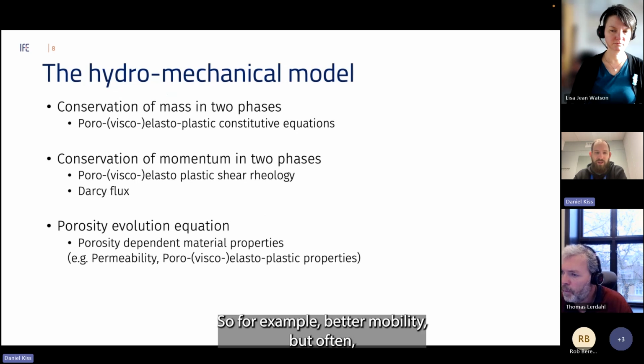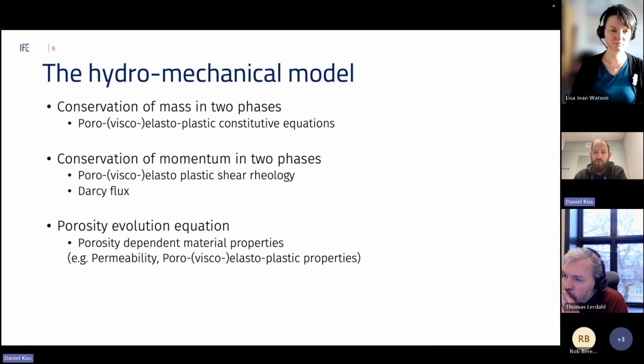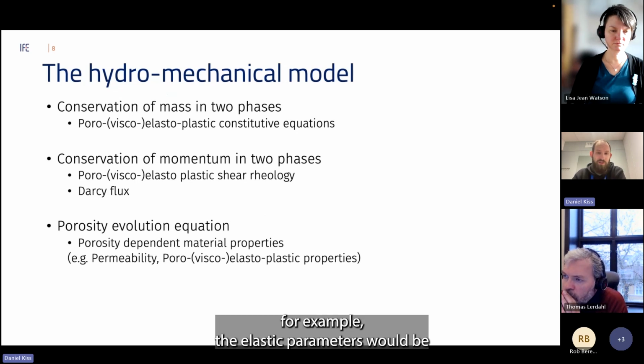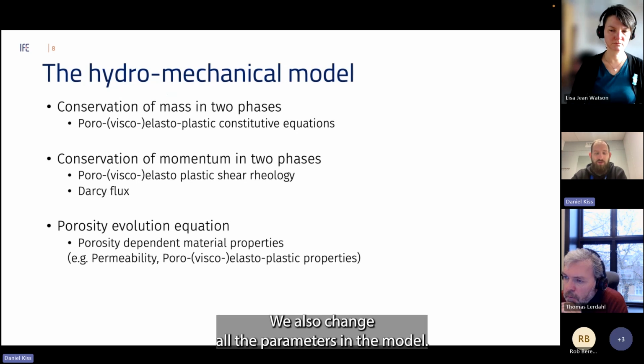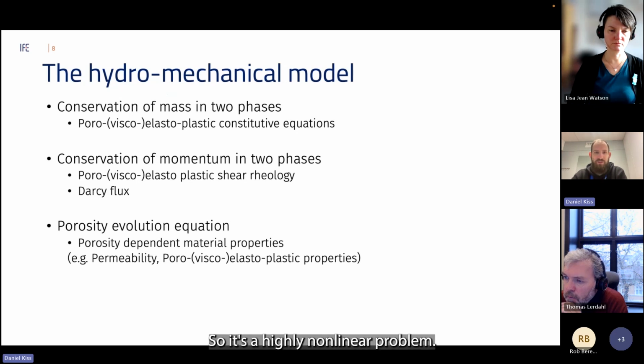For example, permeability, but also the elastic parameters would be a function of porosity. It means that as the porosity changes from time step to time step, we also change all the parameters in the model. So it's a highly nonlinear problem.